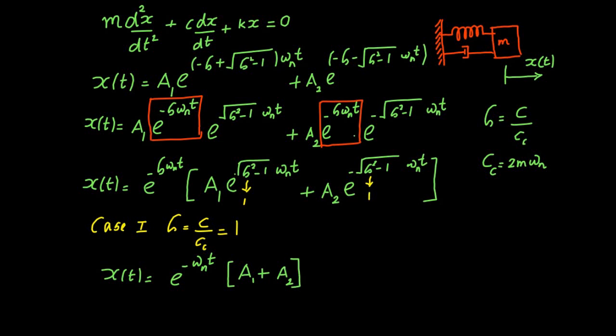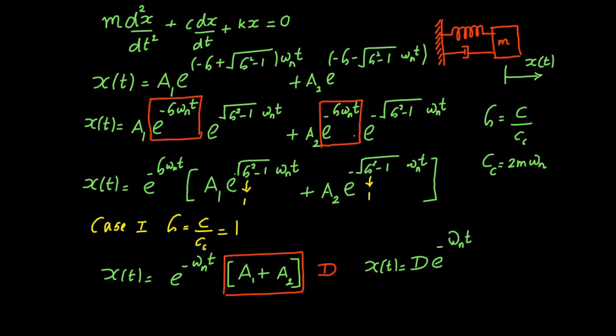A sum of two constants is again a constant. Maybe I can call this D, a bigger constant. So finally, the equation when the damping factor becomes 1 is x of t is equal to capital D into e raised to the power minus omega n into t.